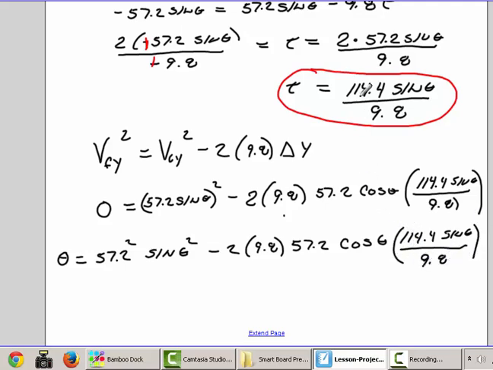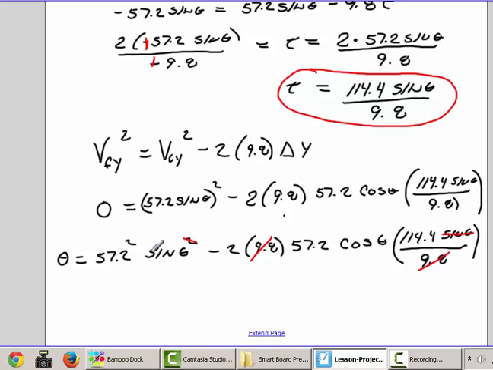All right, now we want to go through and see if there are things that we can simplify. Well, the 9.8 is gone here and here. Why don't I divide everything by the sine of theta, because 0 divided by the sine of theta is still 0. So I can get rid of this one here. I can get rid of this one here.